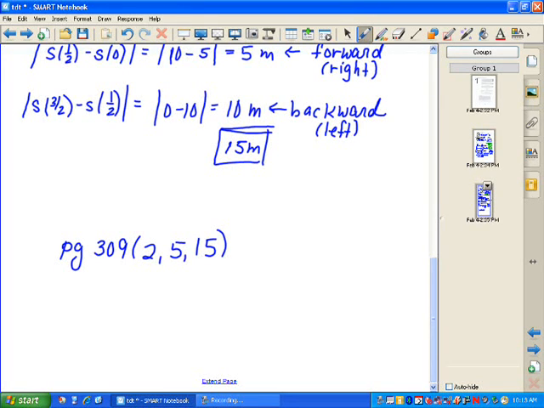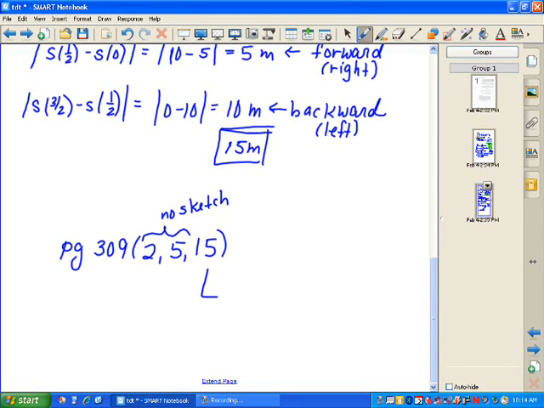You might want to actually look at 309, which is the very next page on this. It says sketch the velocity graph. You don't have to do that. So I'm going to say for these two, no sketch. You don't need one. Okay? And you can only do method 1 for those because you don't have any position equation for that.